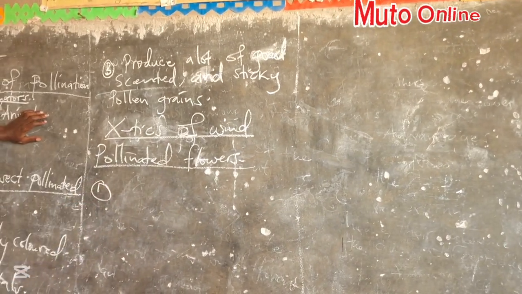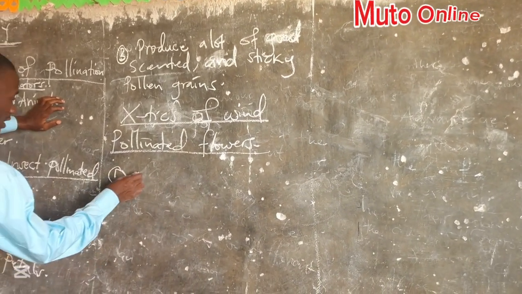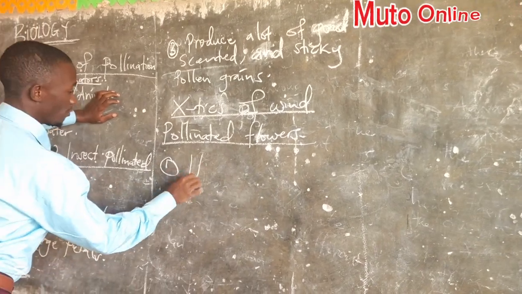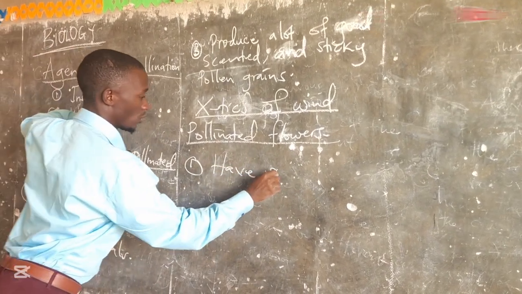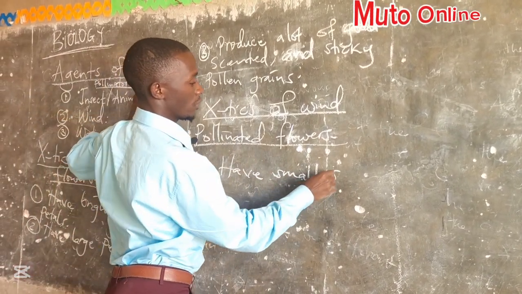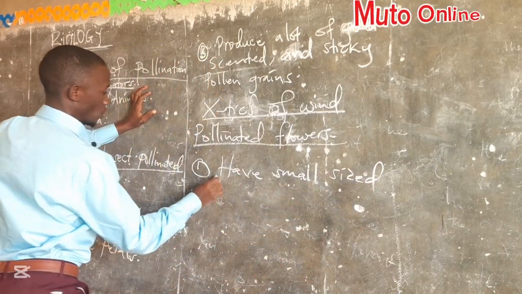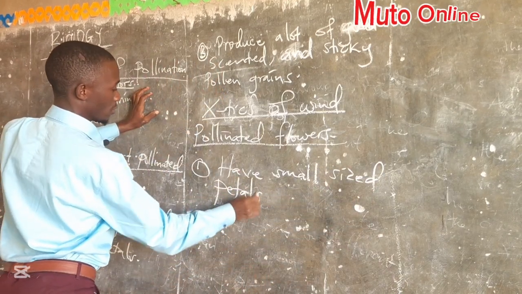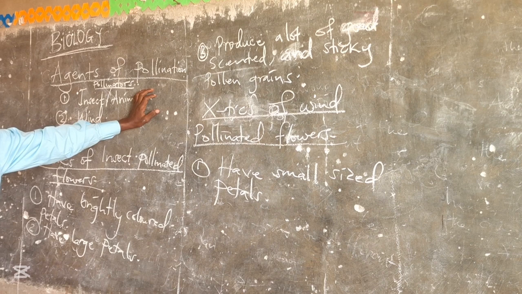So among the characteristics, these flowers have small sized petals. The petals are small.